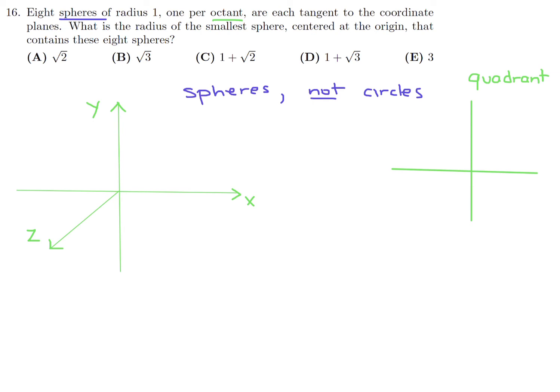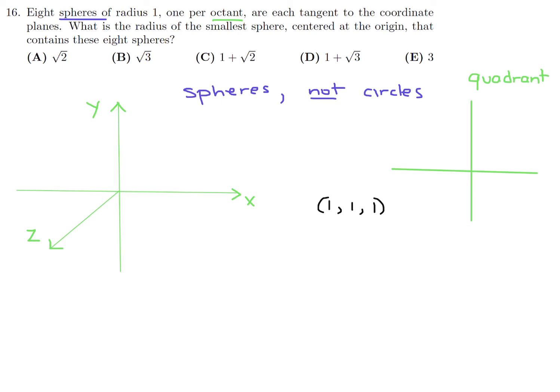Now, if you have a sphere, and they give you a little bit of a hint that it's basically radius of 1, then that means that the coordinates of the center will be of the form 1, 1, 1 for at least one of those spheres.